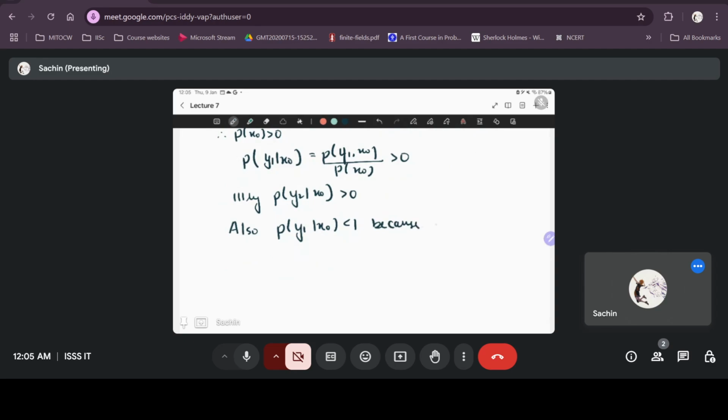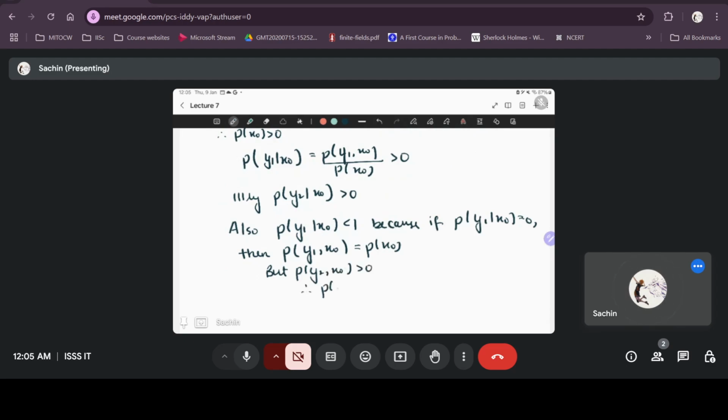because if p of y1 given x0 equals 1, then p of y1 comma x0 is equal to p of x0, but p of y2 comma x0 is greater than 0.